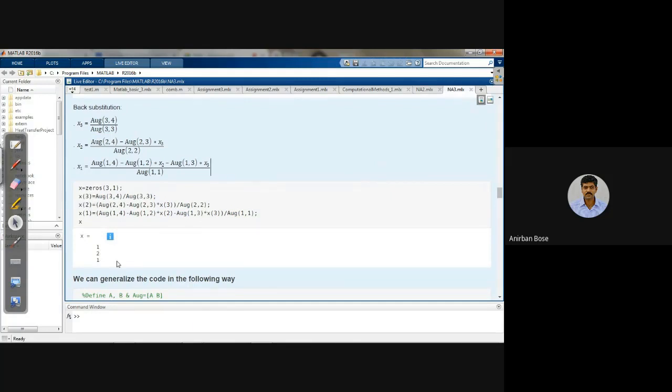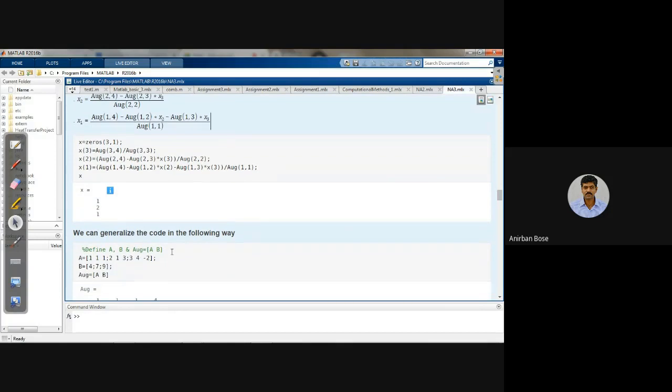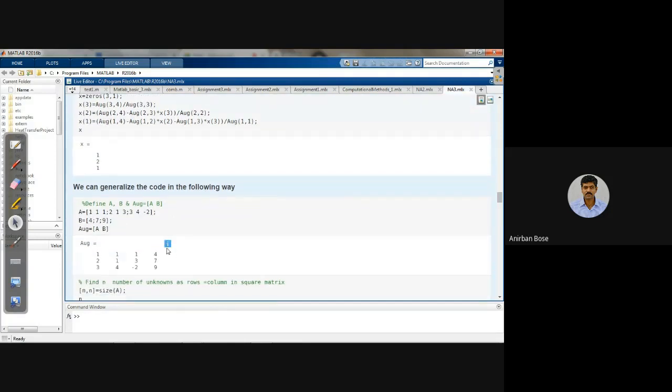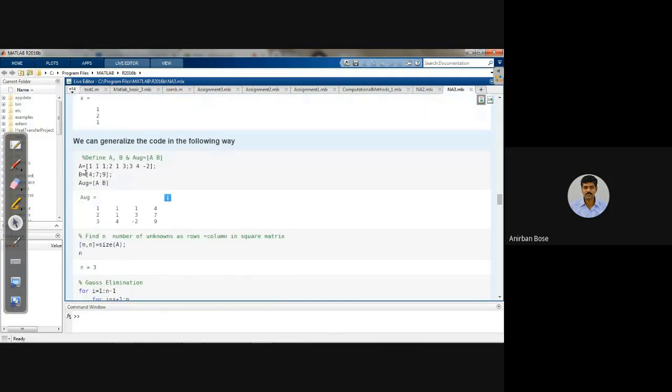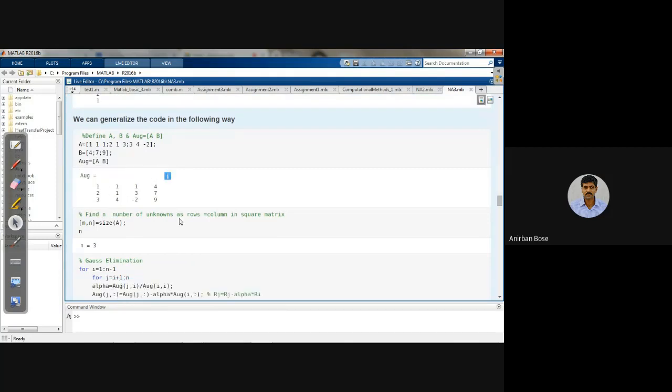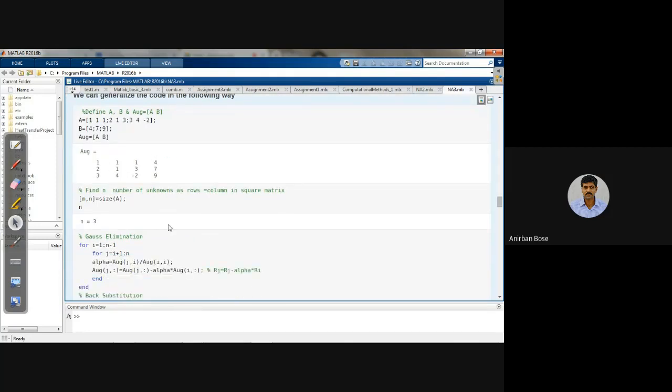So this is the solution for this one. Now if we want to generalize this code, first of all you have to define A, B and the augmented matrix. Then the first step is to find the order of the matrix. So M and N will respectively contain the row and the column size of A.